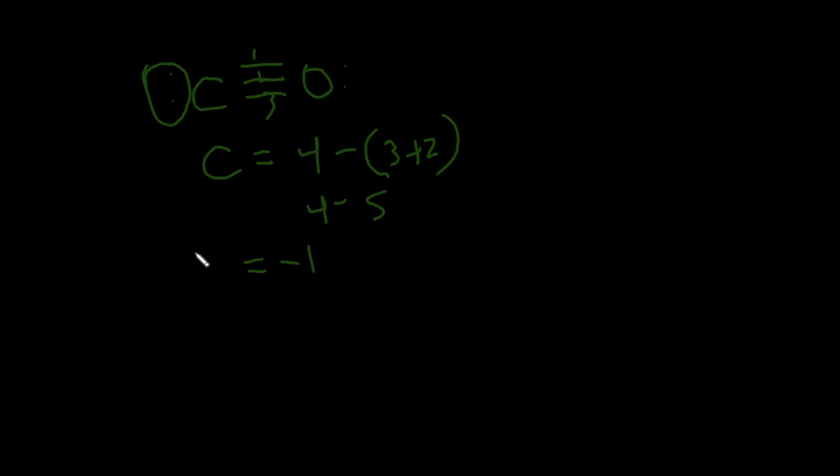So for this carbon, how many valence electrons are in that? 4, minus how many bonds? 1, 2, 3. So that's 3. How many dots? There are 2. 4 minus 5 equals negative 1. Formal charge of this carbon is negative 1.